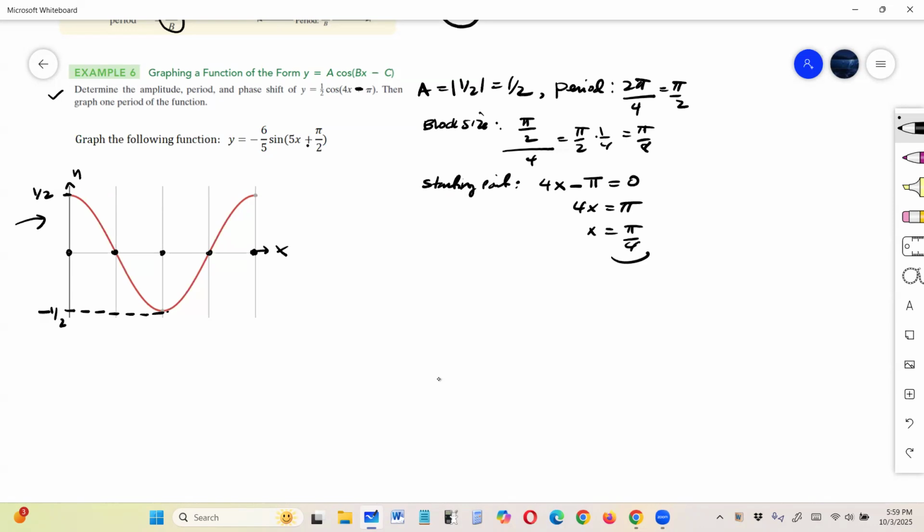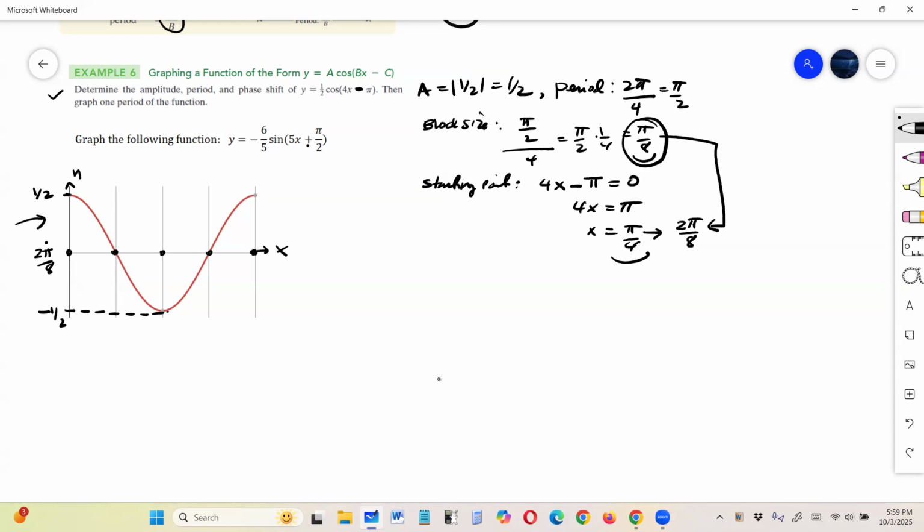So my starting point is pi over 4, but my block size is pi over 8. So in this case, I'm going to change the starting point here to 2 pi over 8 to match the denominator of the block size. So now my starting point is 2 pi over 8, okay. I already have the amplitude positive and negative here. And each location on the graph is increased by pi over 8.